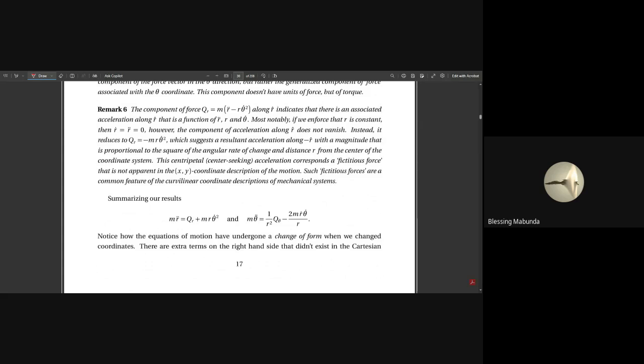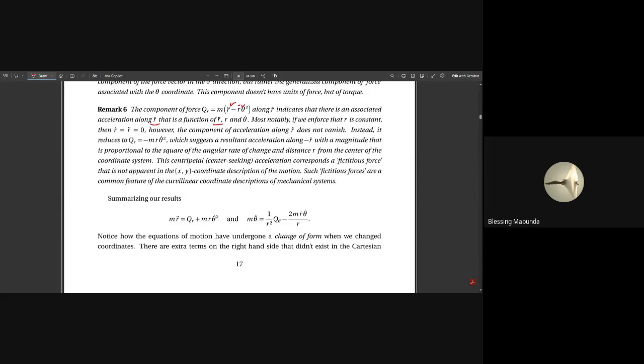We remark that the component of force Q_r, along r hat, indicates that there's an associated acceleration along r hat that is a function of r double dot, r, and theta dot. So you note all of that from the equation.